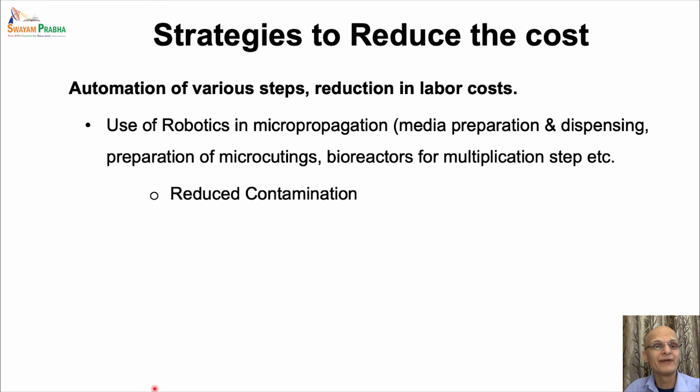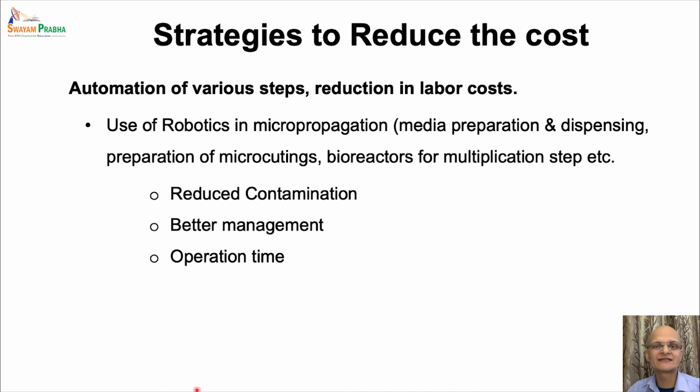Then is the better management. Now the management of the machine is much easier than the management of the human resource. So certainly this will help in reducing the cost of the management administration involved in the micropropagation industry. Next is the operation time.